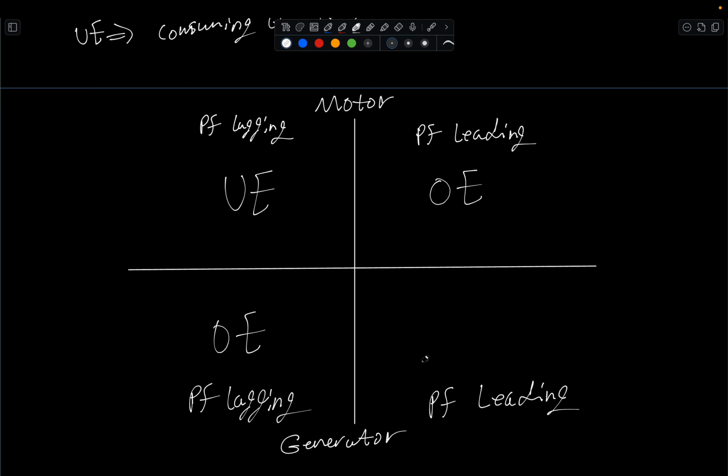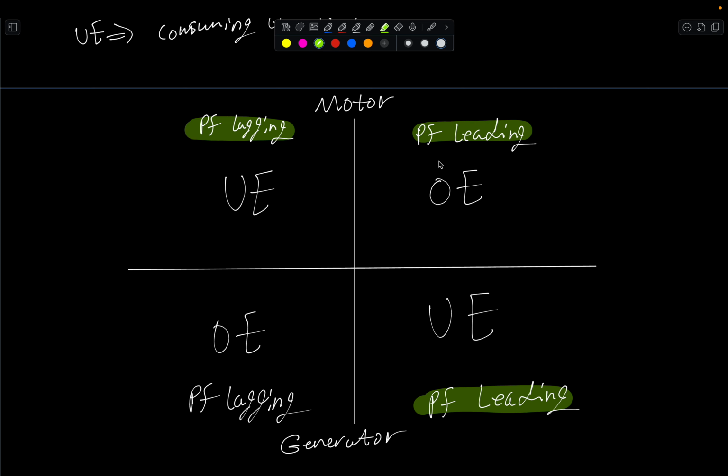I know now that it's going to be the opposite for a generator: underexcited. Power factor lagging for the motor, power factor leading for the generator when they're underexcited, and vice versa. Power factor leading for a motor, power factor lagging for a generator when it's overexcited.